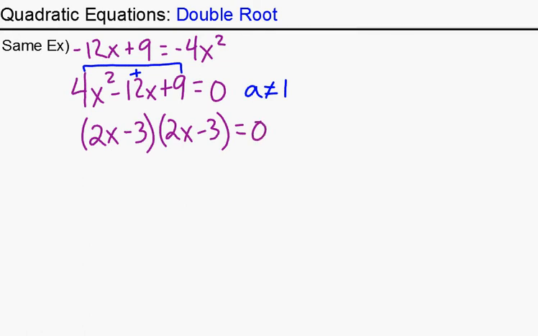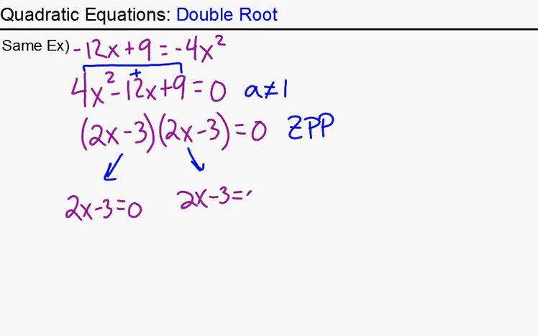You can start to see where I'm going to get the same solution, because I have the same binomial times itself, or binomial squared. So I use the ZPP, the zero product property, which allows me to split this up and write 2 equations: 2x minus 3 is 0, and the same one, 2x minus 3 is 0. So I solve each linear equation and get x equals 3/2 and x equals 3/2.